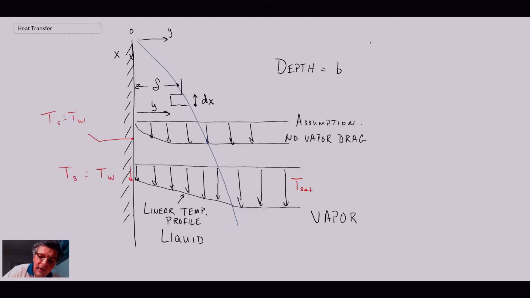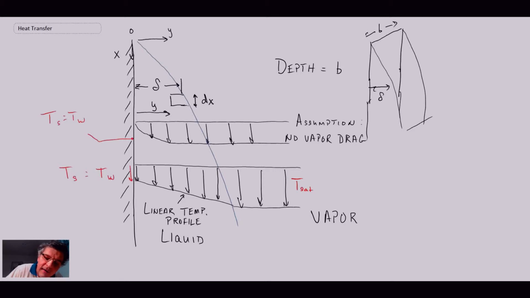If I were to draw this in 3 dimensions, we have a plate, the film is forming and coming down this way, delta was the thickness, and b was the width. Sometimes we assume unit width; here we will assume it to be width b.